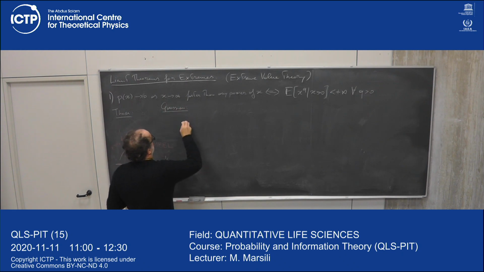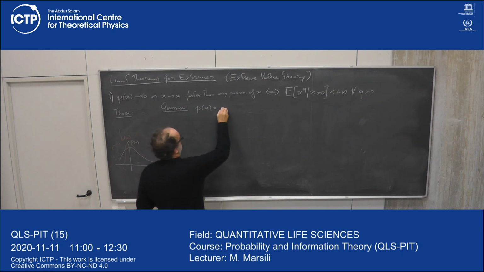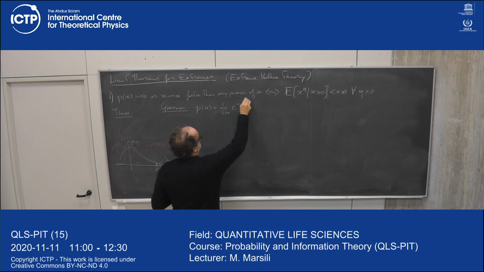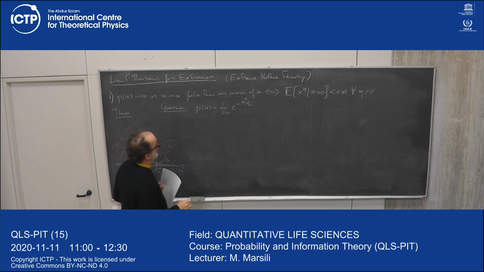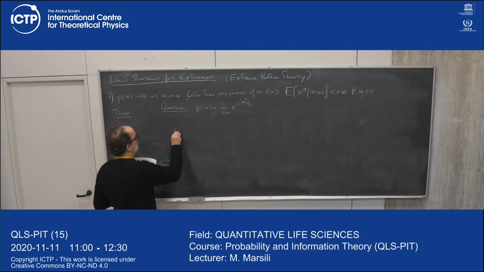So let's say that p of x is equal to 1 over square root 2 pi e to the minus x squared over 2. So what we want to do is to compute this integral.